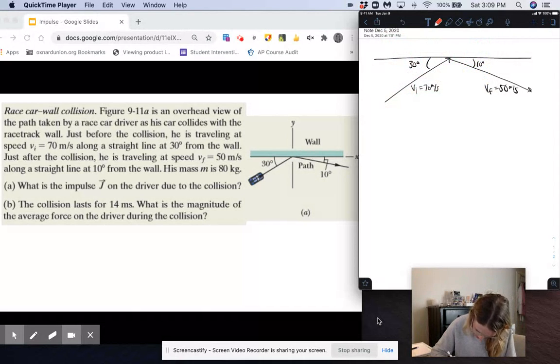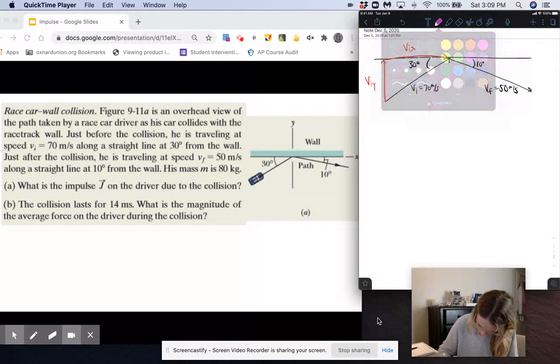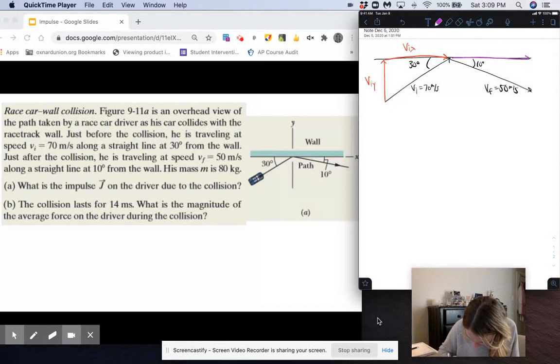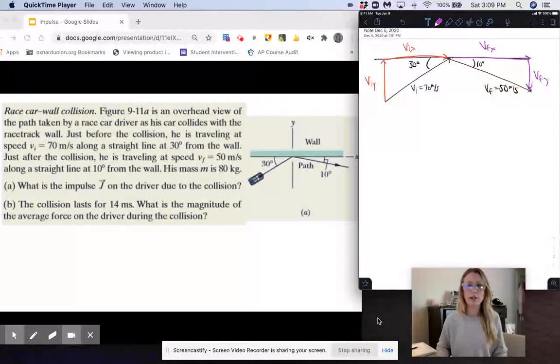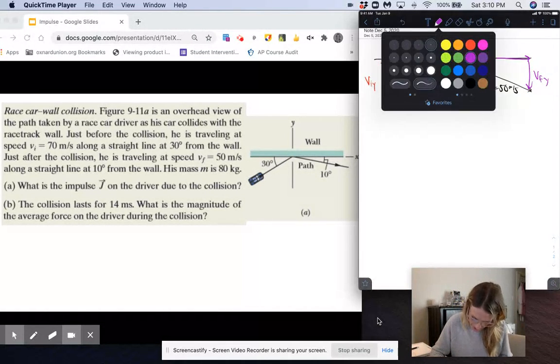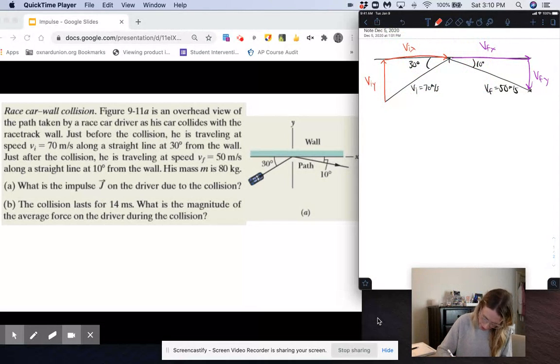This right here will be our initial velocity in the y direction. This right here will be our initial velocity in the x direction. This will be our final velocity in the x direction and our final velocity in the y direction. All right, so let's find what these are. Initial velocity in the x direction is going to be 70 times the cosine of 30.